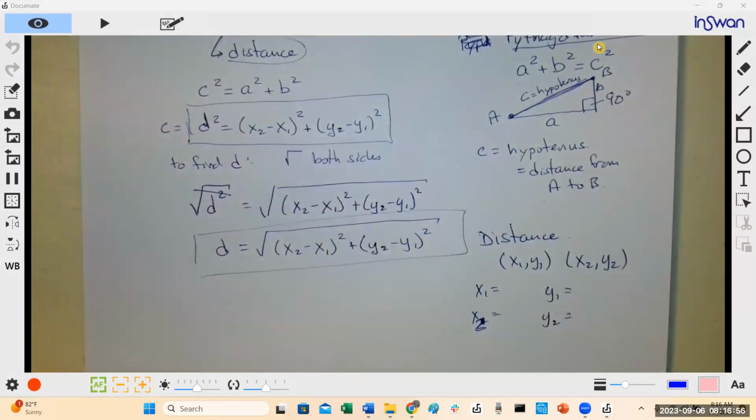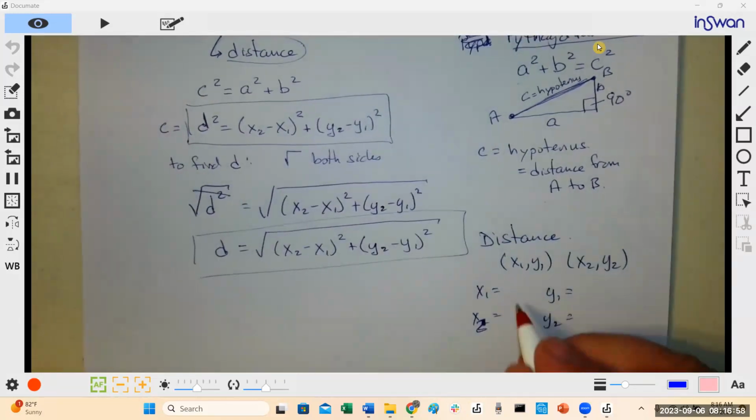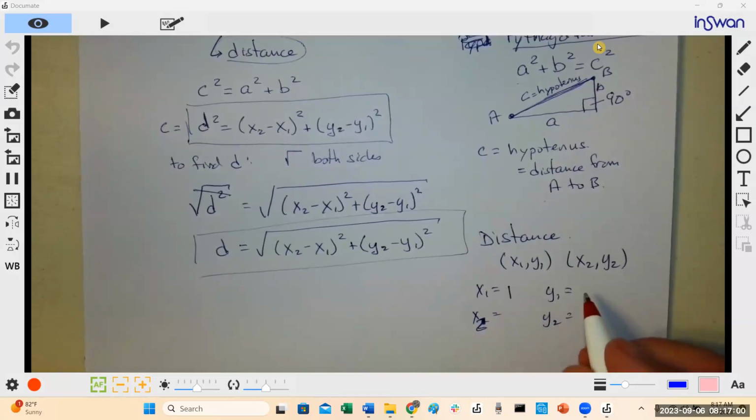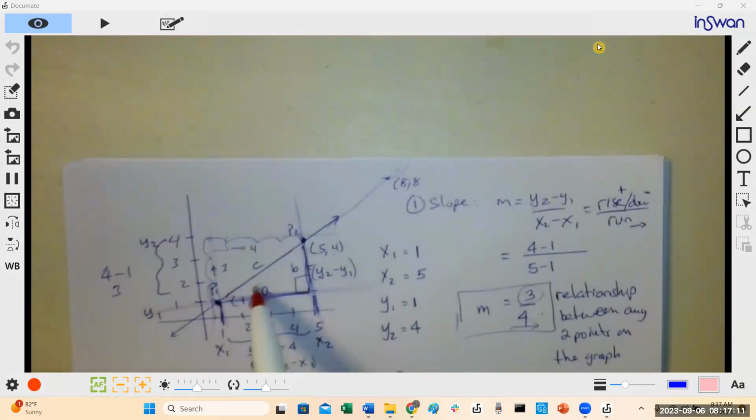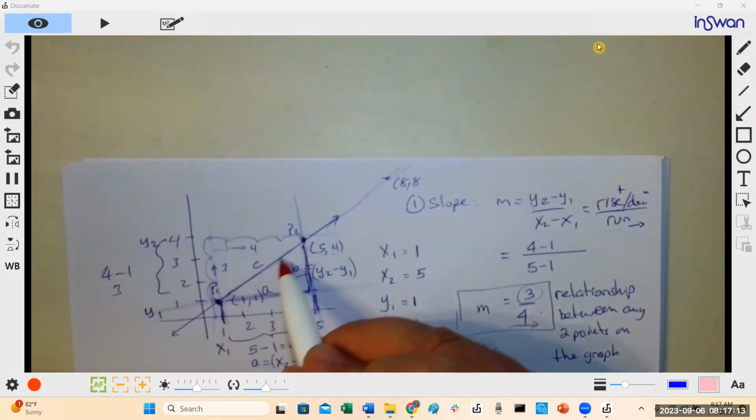So for the distance between our 2 points, we know that x1 was 1, x2 was 5, y1 is 1, y2 is 4. We're looking back at this graph here to see what the distance is between these two.